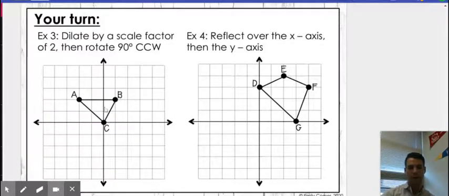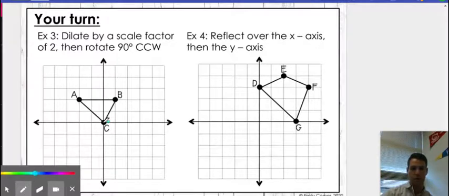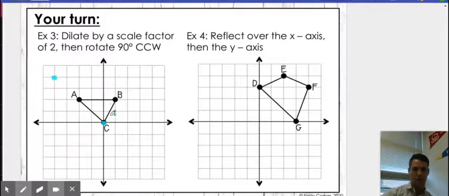Number 3, we are dilating by a scale factor of 2. Well, that's pretty easy when one of our points is right on the origin. We just need to double the points for B and A. So we're doubling -2, -2 to be -4, -4. And we're doubling 1, 2 to 2, 4.